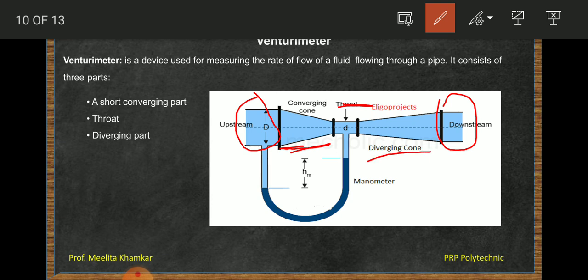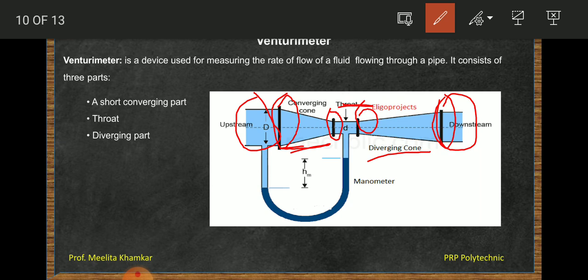The convergent cone is nothing but a gradually decreasing area pipe, in which the area is larger at one end and smaller at the other. So this is a convergent type of cone. Then the divergent cone, the area at the inlet is smaller as compared to the area at the outlet. This is a divergent cone.